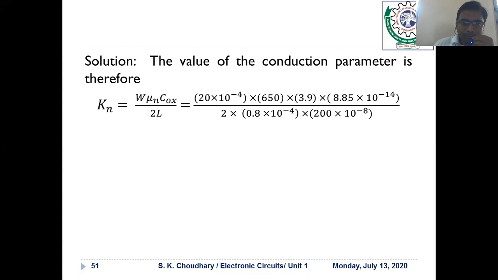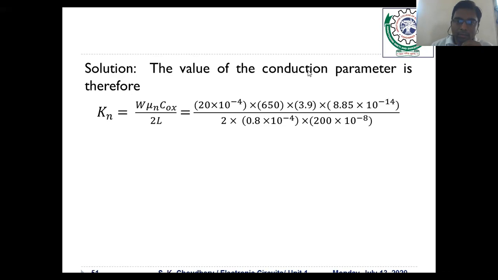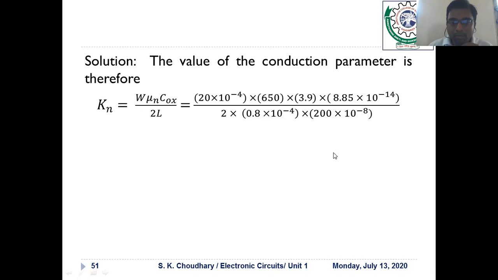Cox is epsilon ox upon TOX, so epsilon ox is 3.9 into 8.85 into 10 to the power minus 14 upon TOX, which is 200 angstrom, or 200 into 10 to the power minus 8 centimeter. And upon twice L, where L is 0.8 micrometer. All the parameters are converted into centimeters now. When you calculate this, Kn is equal to 1.40 milliampere per volt square. Okay, so this is the value of the conduction parameter.